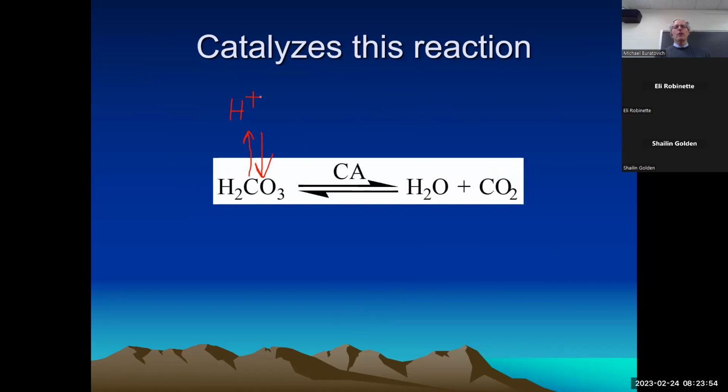There's no enzyme involved with this particular disjunction because this happens spontaneously. And then bicarbonate is this ion here. That's HCO3, this spiky thing. It just did that all by itself.